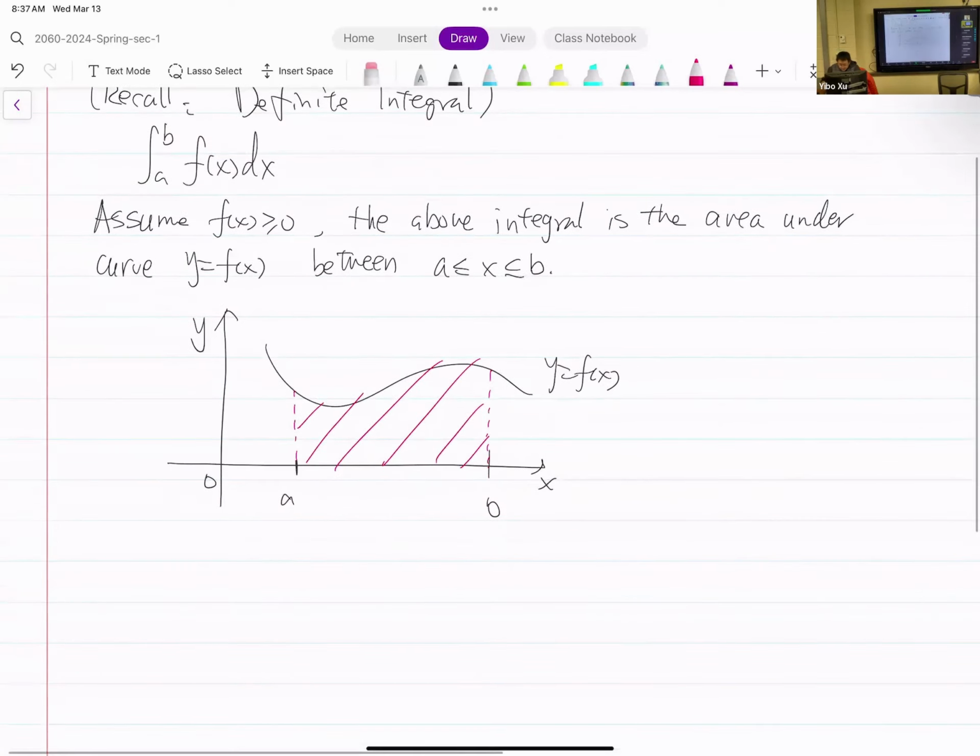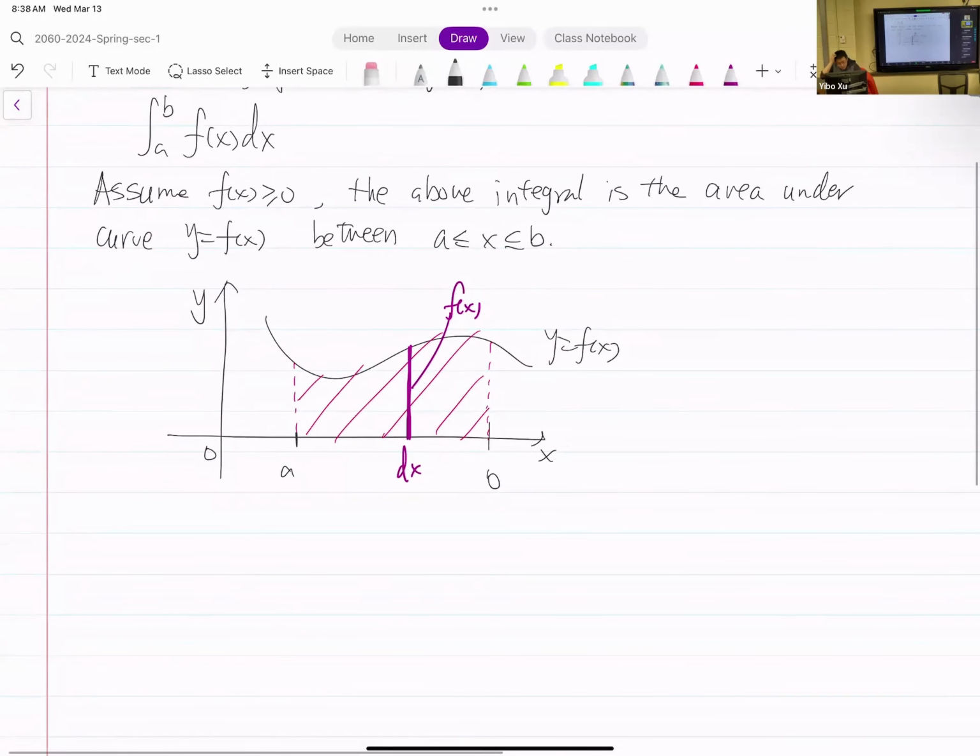Area under the curve. So I'm drawing a strip right here, in purple. f of x represents the height, and dx represents the tiny little width. Integrating this thing is actually integrating vertical bars covering the region.